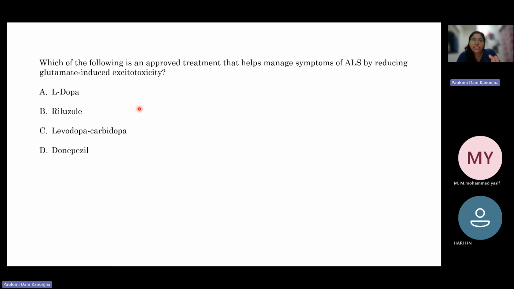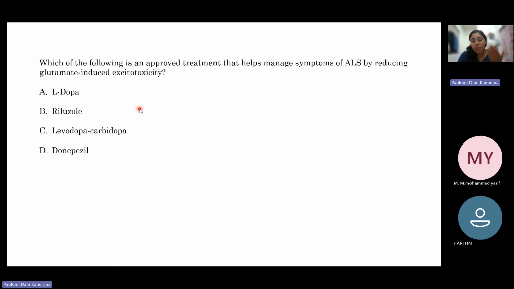Now let's come into this. Which of the following is an improved treatment that helps manage the symptoms of ALS by reducing glutamate-induced excitotoxicity? As you can see, we spoke about excitotoxicity. So your treatment basically targets that very problem. We talked about glutamate being responsible for excitotoxicity in ALS.